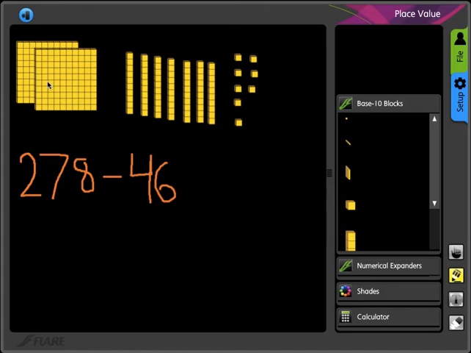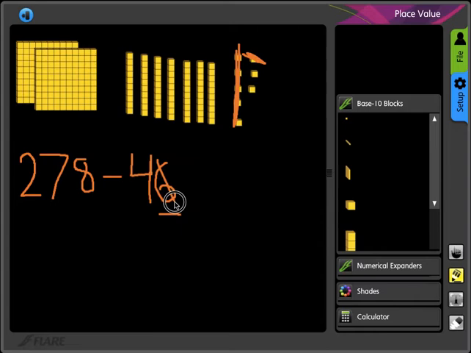Let me check and make sure I have my right amount of tens. I see 7 groups of 10 and now 8 groups of 1, and we're taking away 46. So I'm going to take away my ones first. I'm going to cross out 6 groups of 1, 5 and 6.